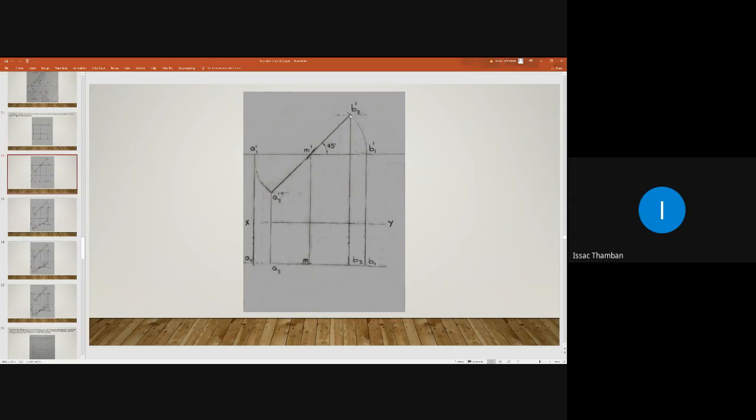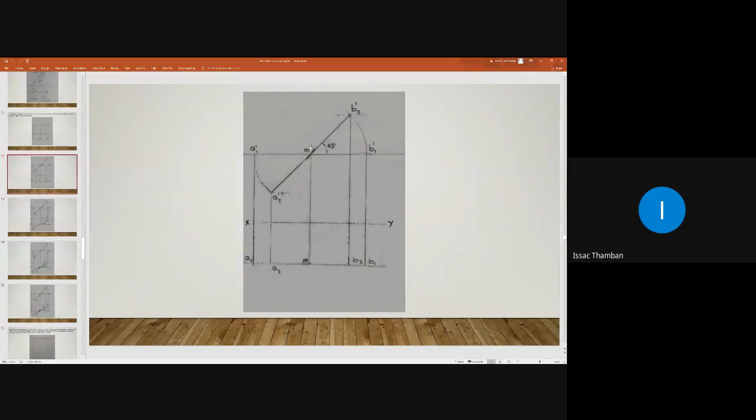So in the elevation, it should reveal its true length and true inclination. So how will you draw this? Through point M dash, you draw a 45 degree line of sufficient length. We don't know the exact position of A2 dash and B2 dash. We will mark it later.